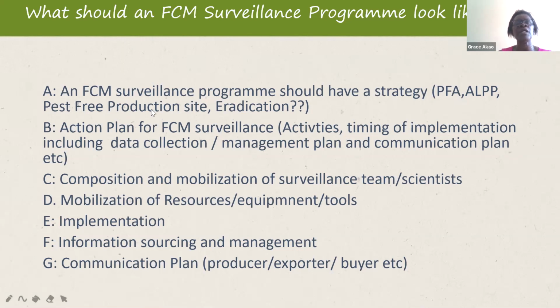Even if a producer may think that the pest is not there, these are tiny pests, they can enter from any opening anywhere. So in that guideline, it tells you to combine this pest-free production site with another method of control in a systems approach. And I think there is an ISPM that mentions the systems approach. So your surveillance should be guided by this. Is it an area of low pest prevalence?